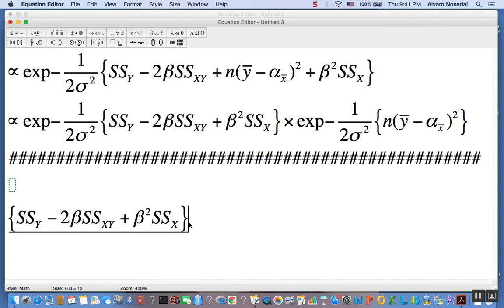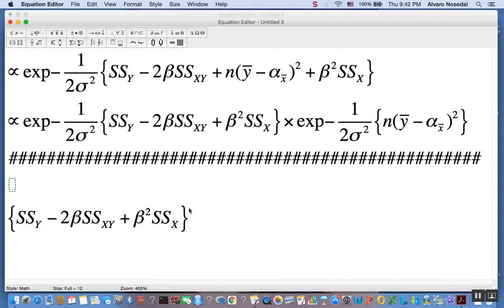So what we would like to do there, and let me tell you what the plan is. We know that the kernel of a normal random variable looks like e to the negative 1 divided by 2 times sigma squared times some variable minus its mean, right? So we almost have that for beta, and that's one of our parameters, right? So it would be great if we could make the kernel of a normal appear in terms of beta, right?